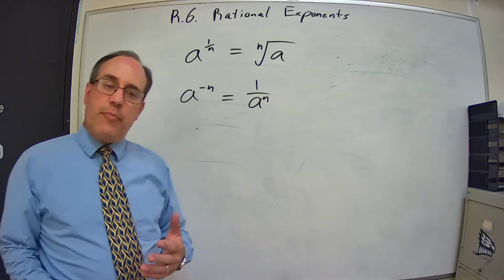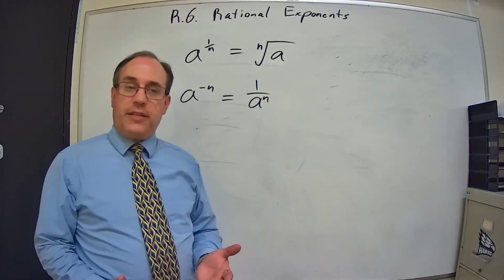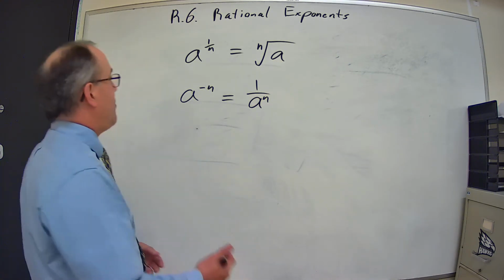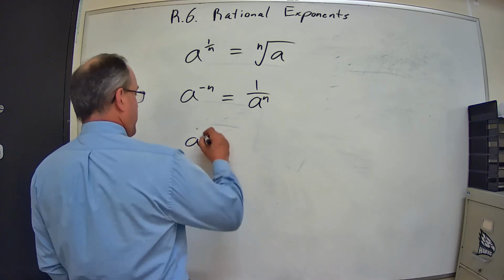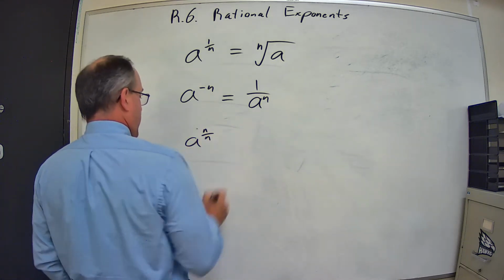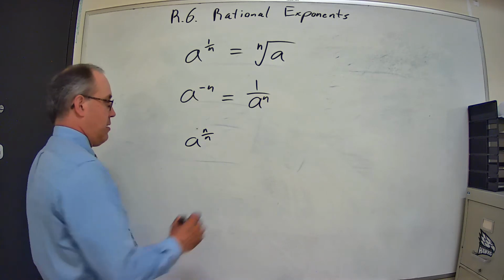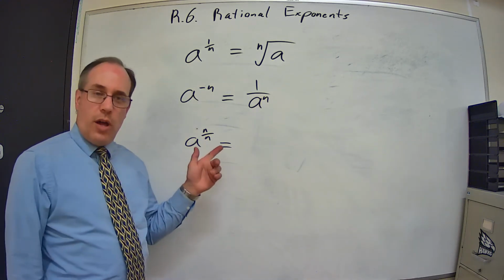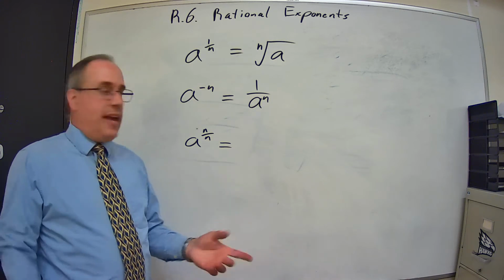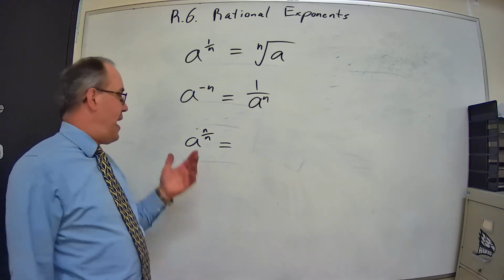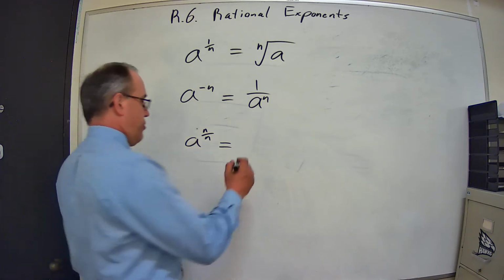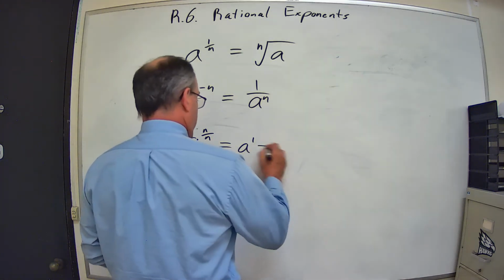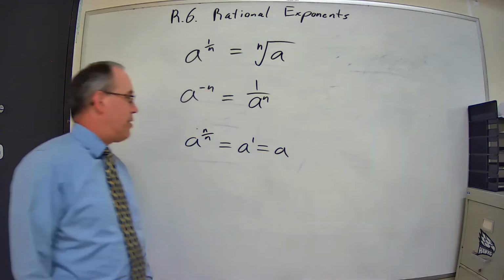And if you think about it, that should kind of make sense, because what happens if I have a to the n over n? Well, n over n is what? 1, right? Any number divided by itself is 1. So a to the n over n is going to give you a to the 1, or a.